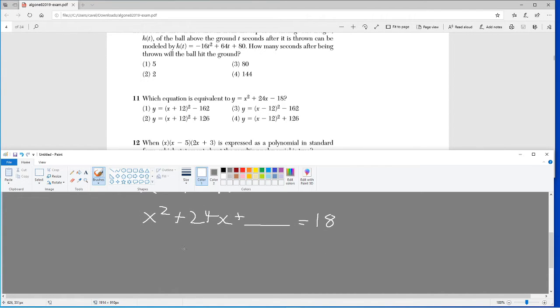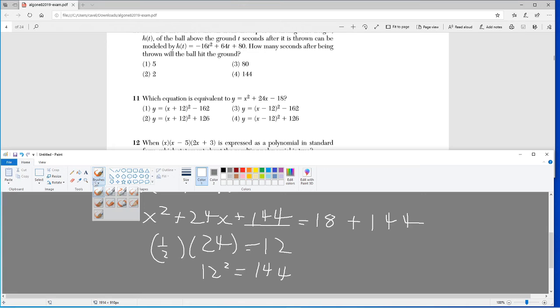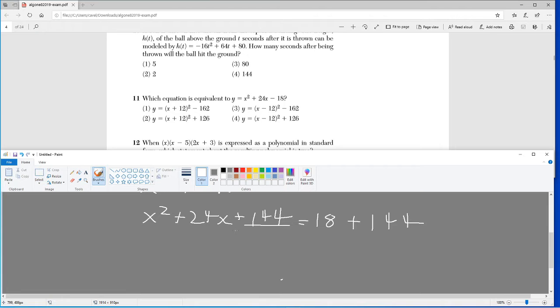So to complete the square, we need half of b, which is 12. 12 squared is equal to 144. Okay, and then remember we have to add 144 to both sides, because whatever you add to one side, you have to do to the other as well.